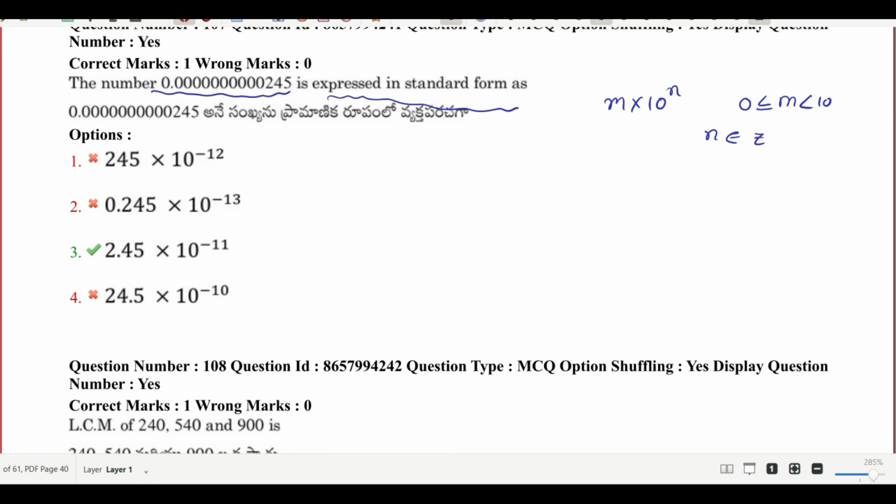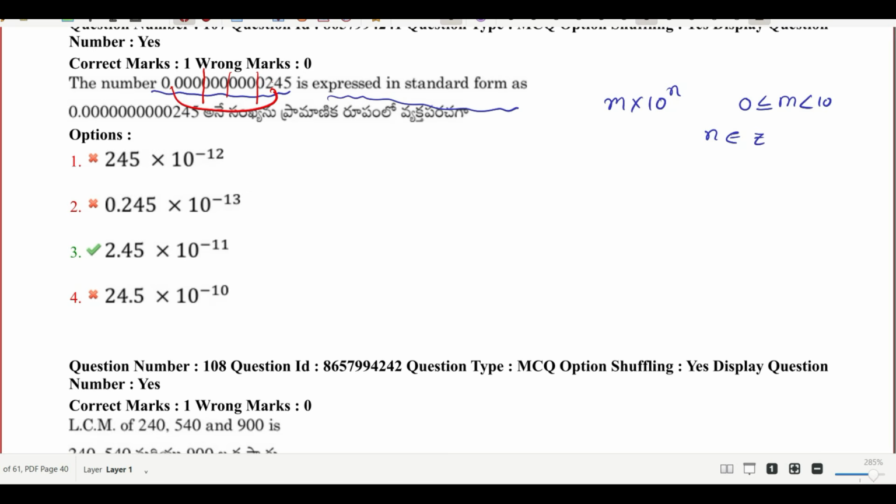In this standard form, firstly you need to understand where the first non-zero number starts in the given number. After how many places does the non-zero number start? Up to here: 3, 3, 3, 9, 10, 11. That means if you want to represent this number in standard form, the decimal point should come after the 2.